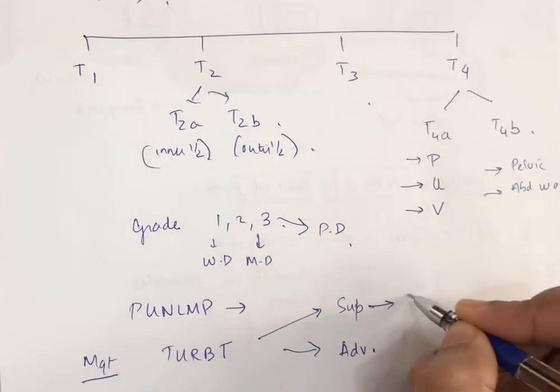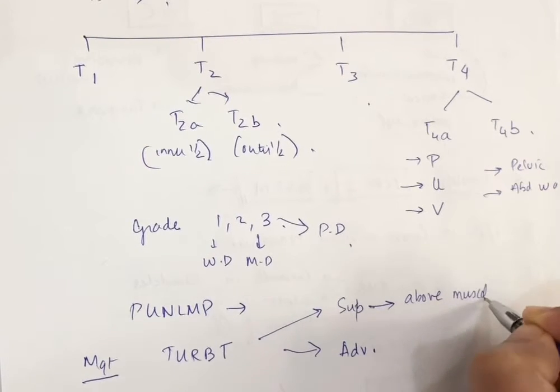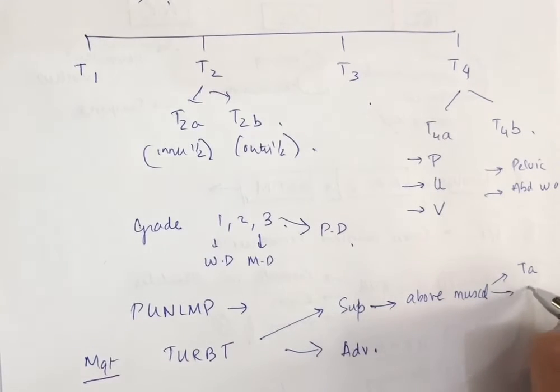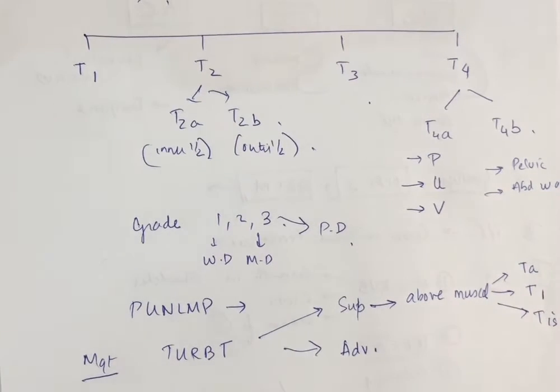So superficial means above the muscle layer. Above the muscle layer means which all? Ta, T1 and TIS. So this is all above the muscle layer. And how do you manage it?